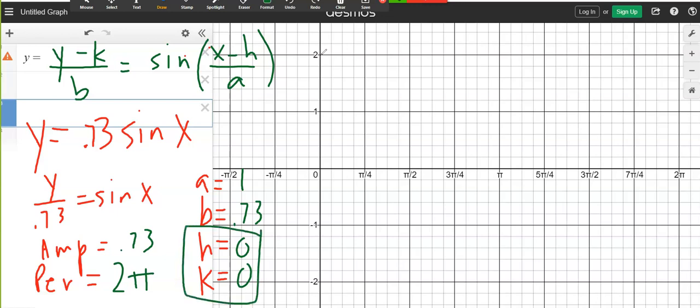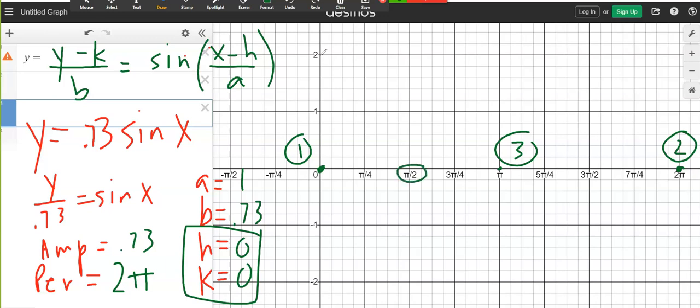So I'm going to find HK. All right, so there's point number 1. 0 and 0. Now what? The full wave is 2 pi. Correct. And then you put a dot on pi. Yes.